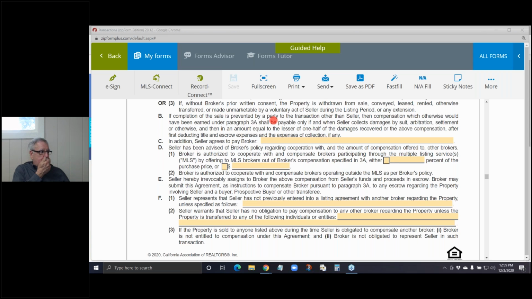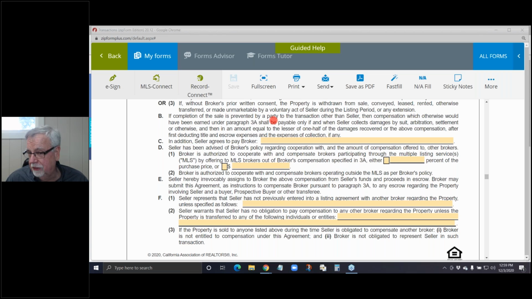Now, there's two thoughts about this. One thought is, if I leave it blank and I don't actually talk to the seller about how we're going to split the commission, then when I put it into the multiple listing service, I can kind of put in whatever I want.